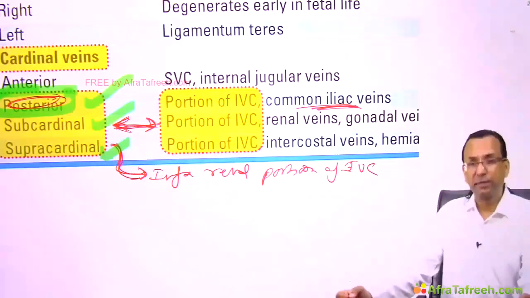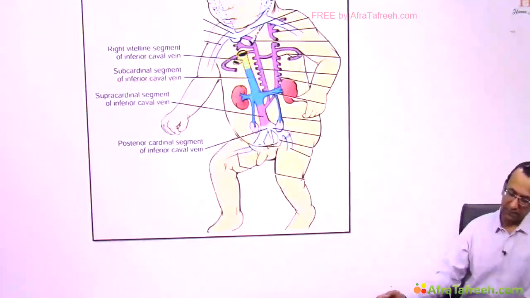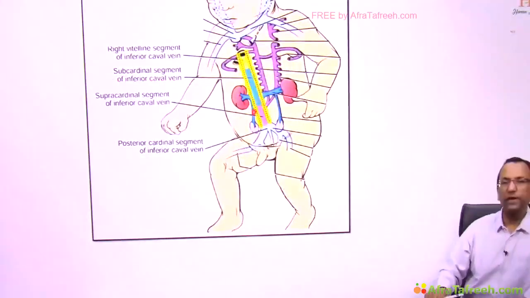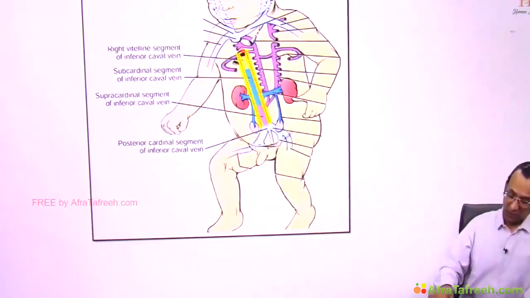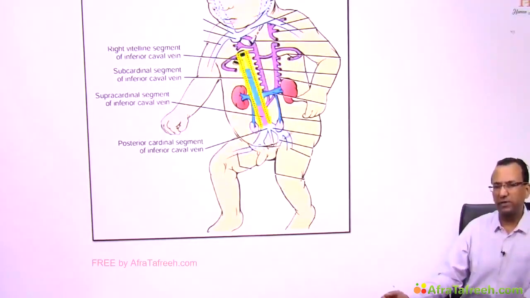Yes, the diagram is coming. As we look at the development of the inferior vena cava, we'll find there are 4 veins which are chiefly contributing, though there can be other minor contributions. We want to focus upon the names of those veins. We already have discussed some cardinal veins, so that will be in a similar pattern.